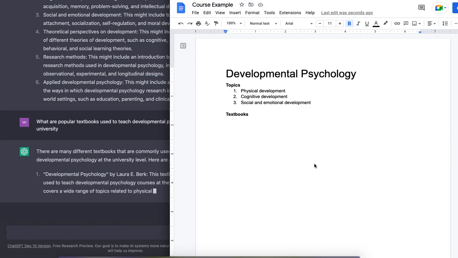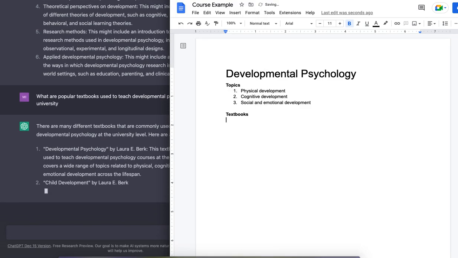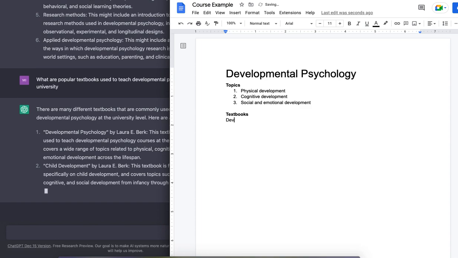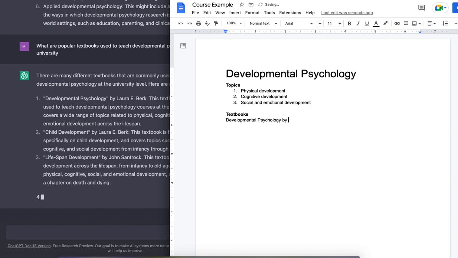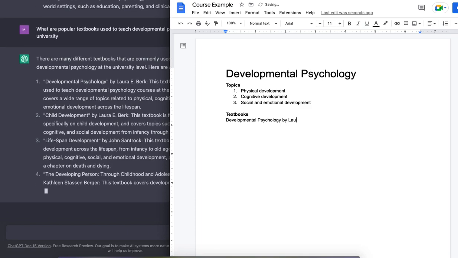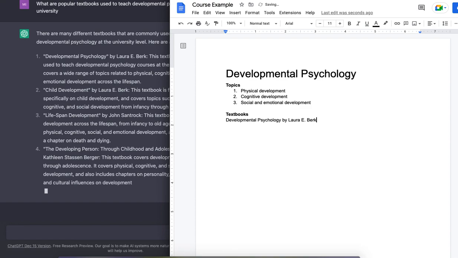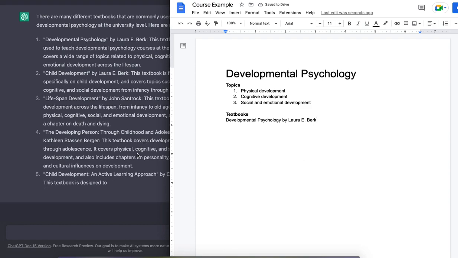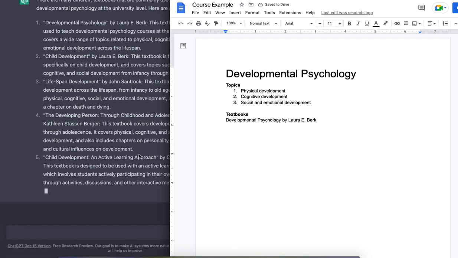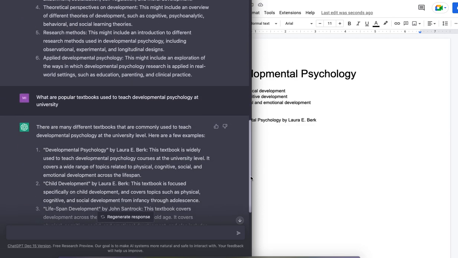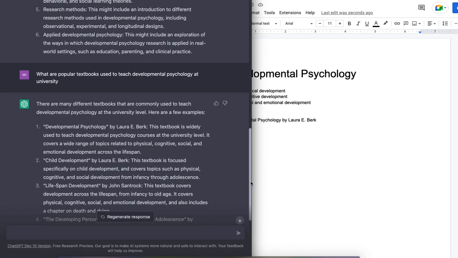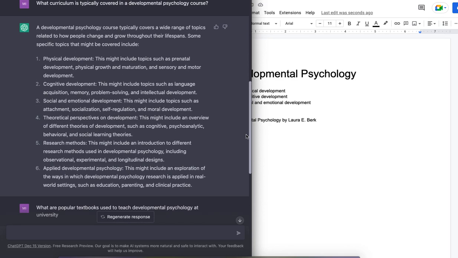So then you could write these out, and these would give you some resources to look at. So developmental psychology by Laura E. Berk, etc. So that gives you some books that you could go and either buy or at least just go look at the reviews and see if the content is related to what you're wanting to learn.